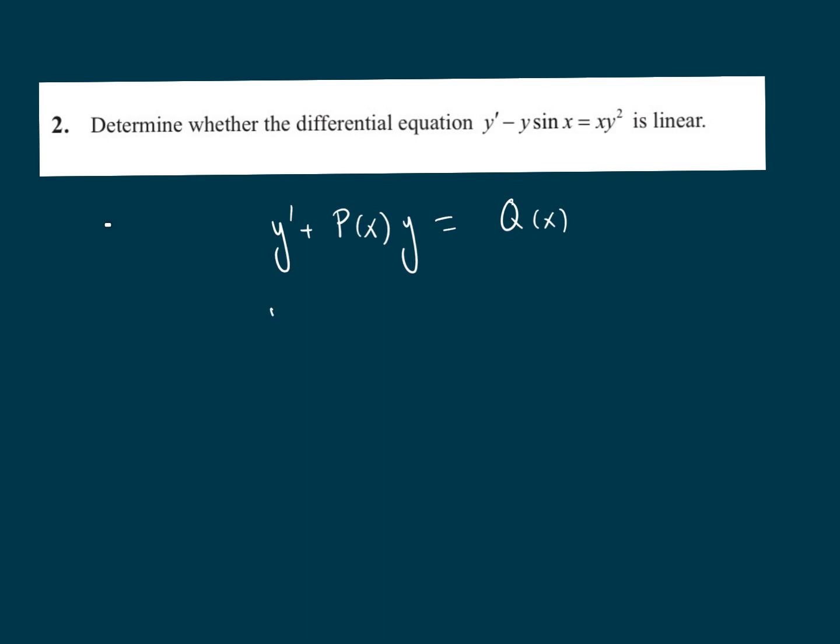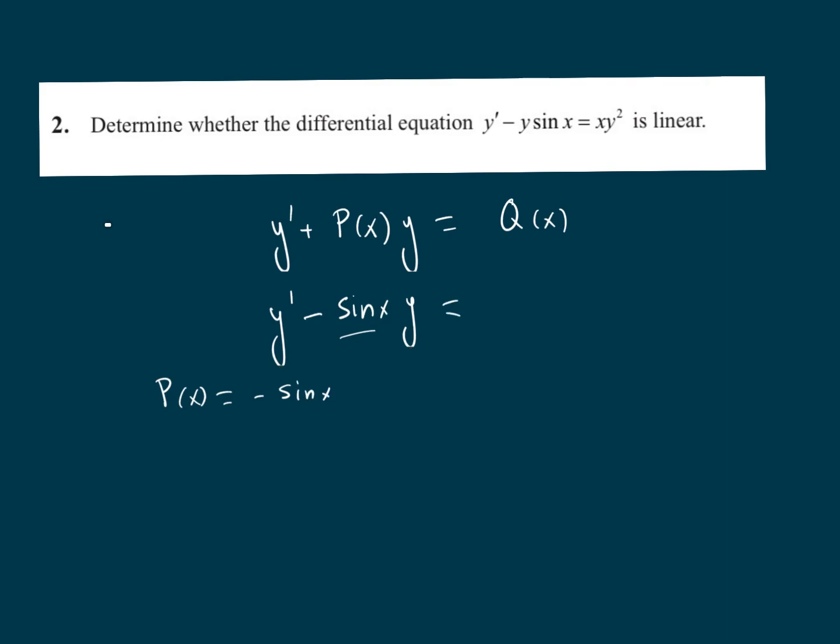I have y prime, I have minus, I have the y and I have sine of x. So p of x should be minus sine of x.